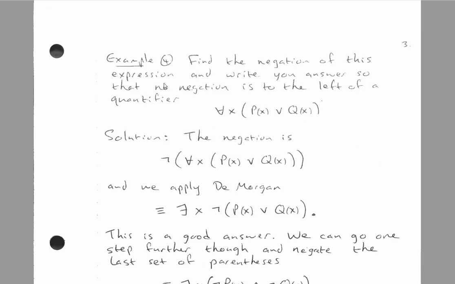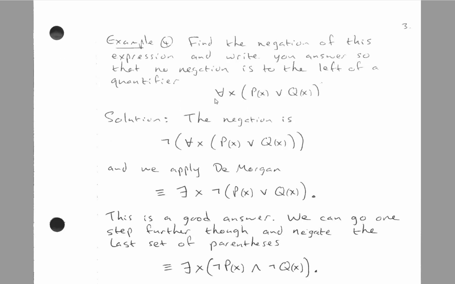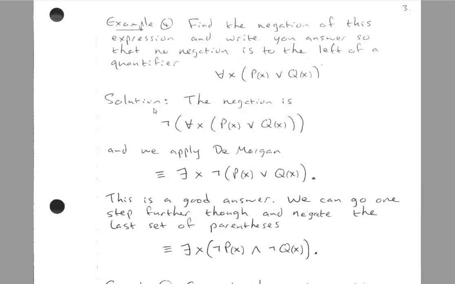Okay, so an example of that: find the negation of this expression and write your answer so that no negation is to the left of a quantifier. Alright, so here's the expression: for all x, p of x or q of x. Okay, so we can negate that.